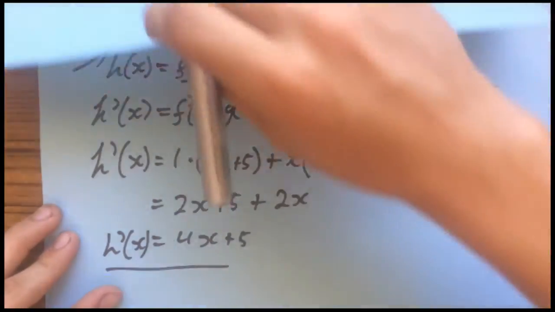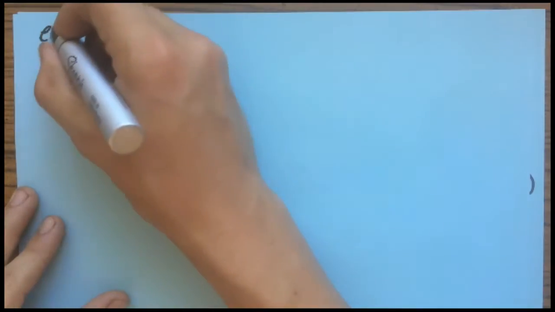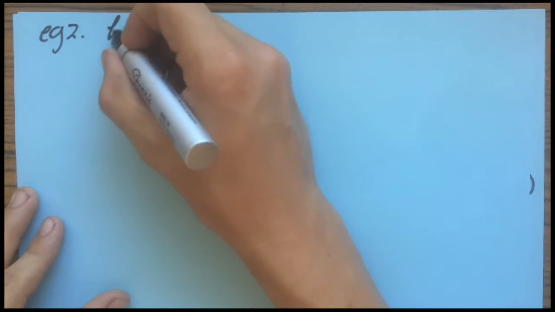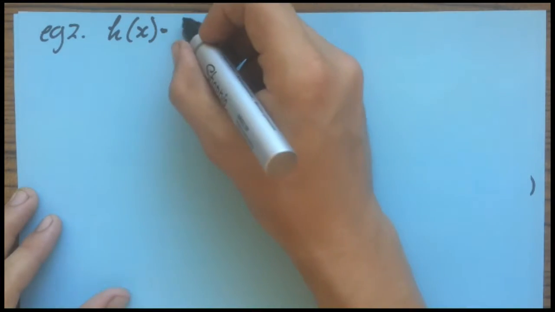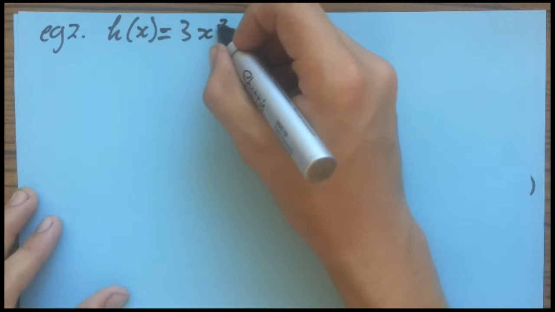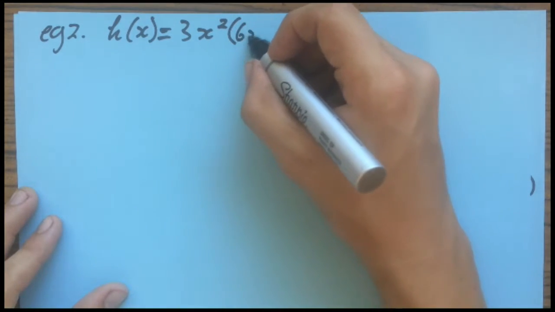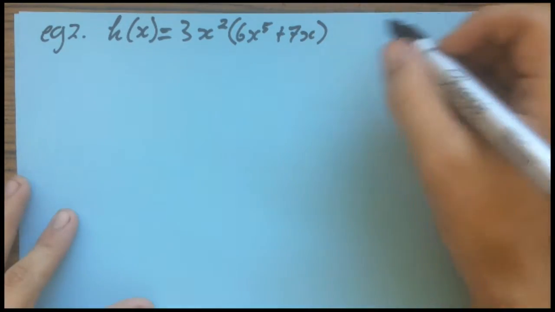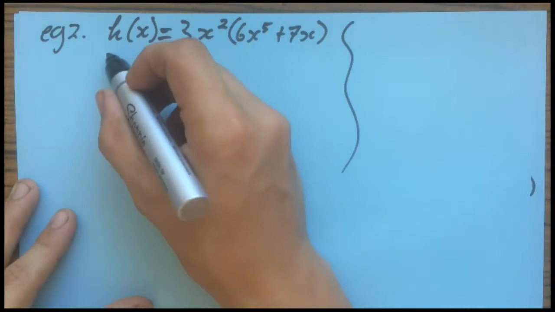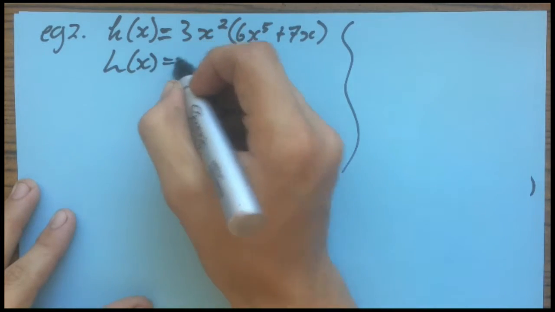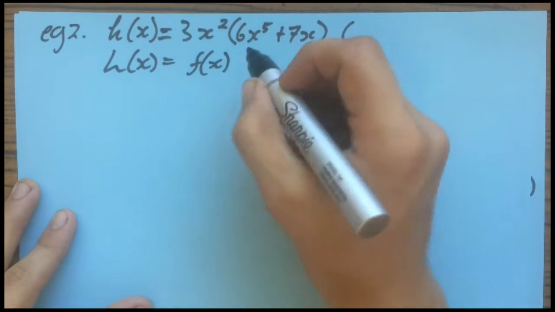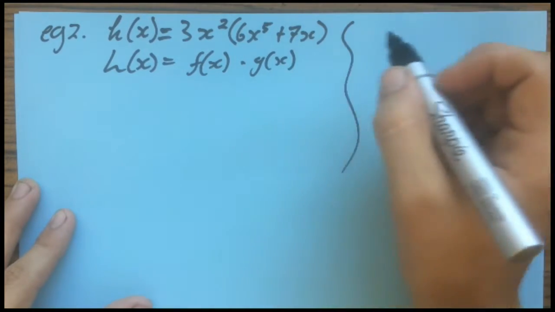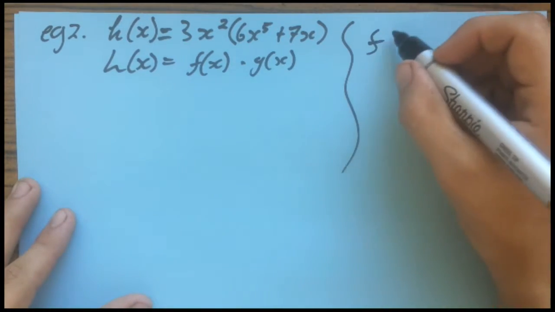Now, another example. We've got, let's say, 3x squared multiplied by 6x to the power of 5 plus 7x. So if we split the page again and we write out the formula, we can label accordingly.